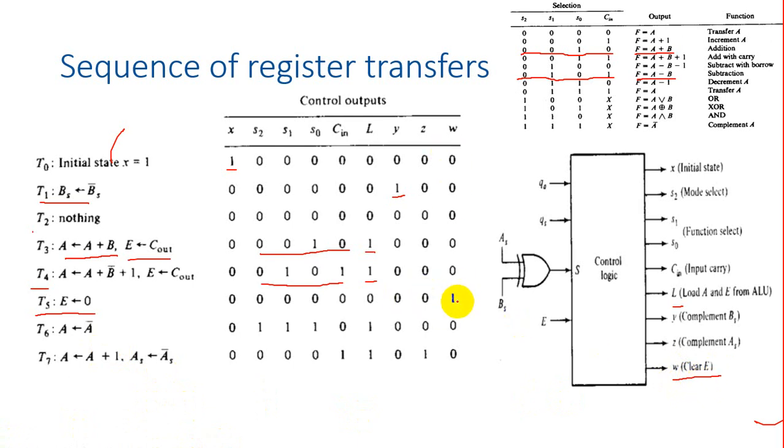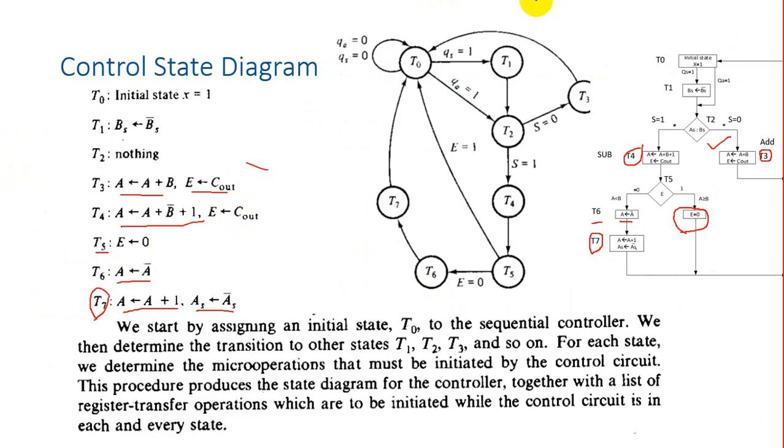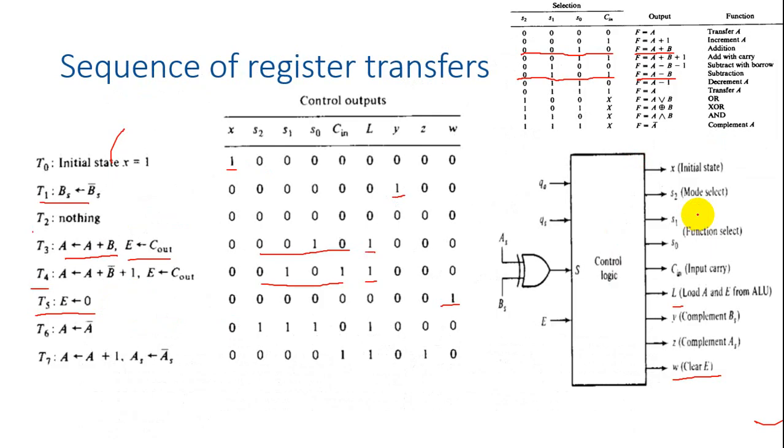This is signal W, and signal W should be high over here to clear the overflow bit. At T5, look at over here. It clears the overflow bit. Look at the flow chart. At T5, it clears the overflow bit. So this is according to your flow chart. So how to clear the overflow bit? Make the signal W high. W will clear the E.